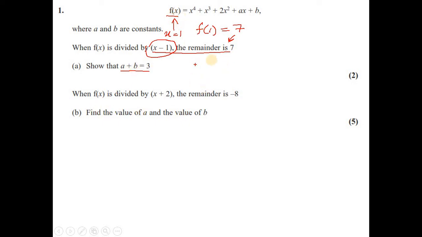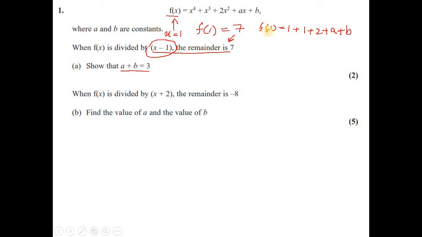So f(1): you replace every x here with 1. So 1 to the power 4 is 1, plus 1 cubed is again 1, plus 2 times 1 squared is just 2, plus a times 1 is a, plus b.